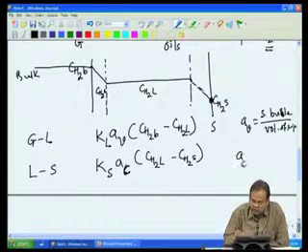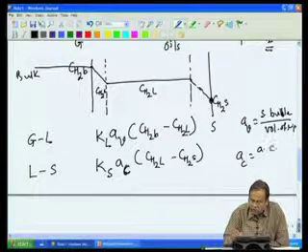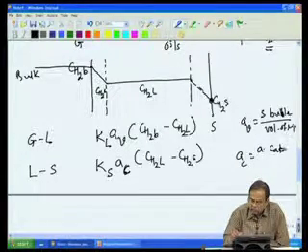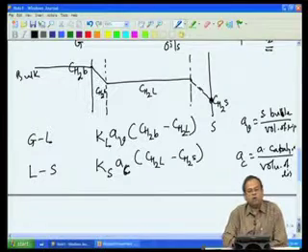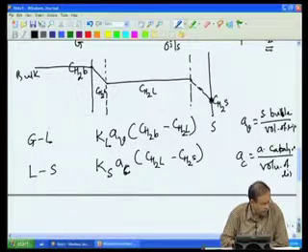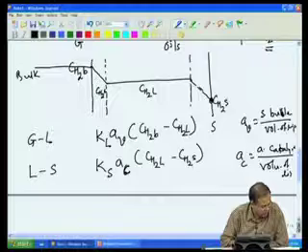AC is the area of the catalyst per unit volume of the liquid, because we want to maintain all rates in terms of volume of the liquid.